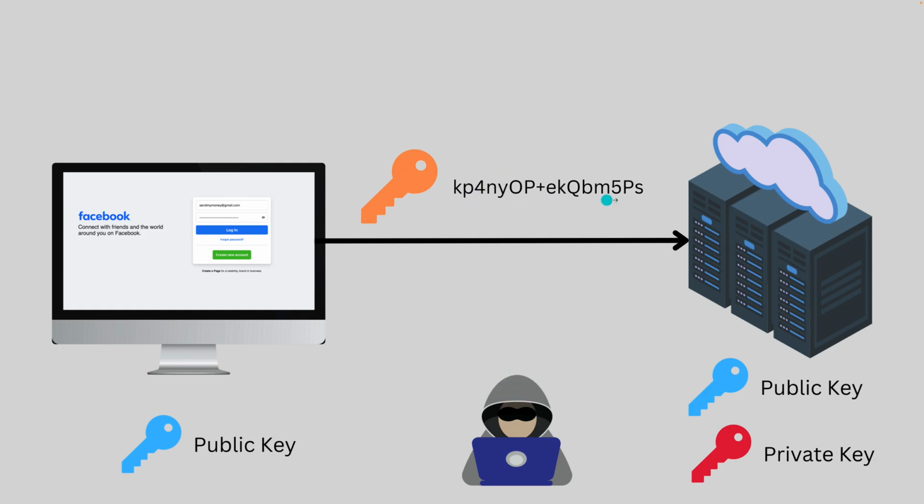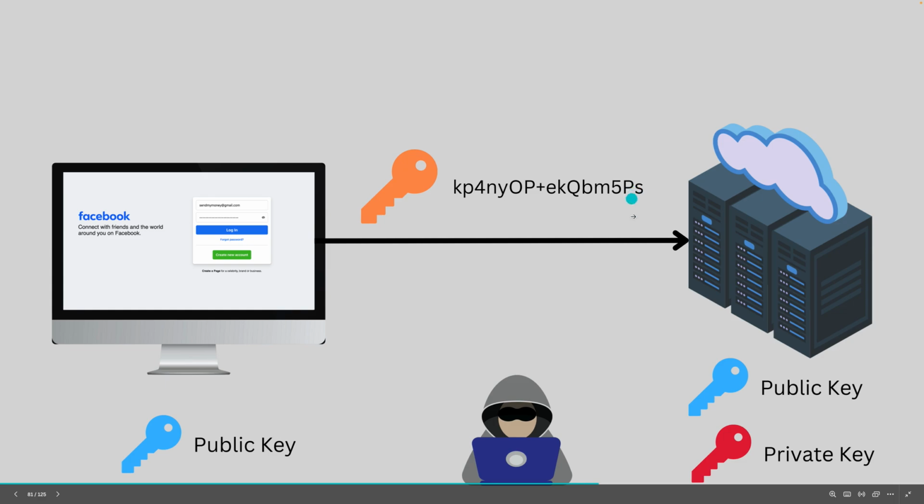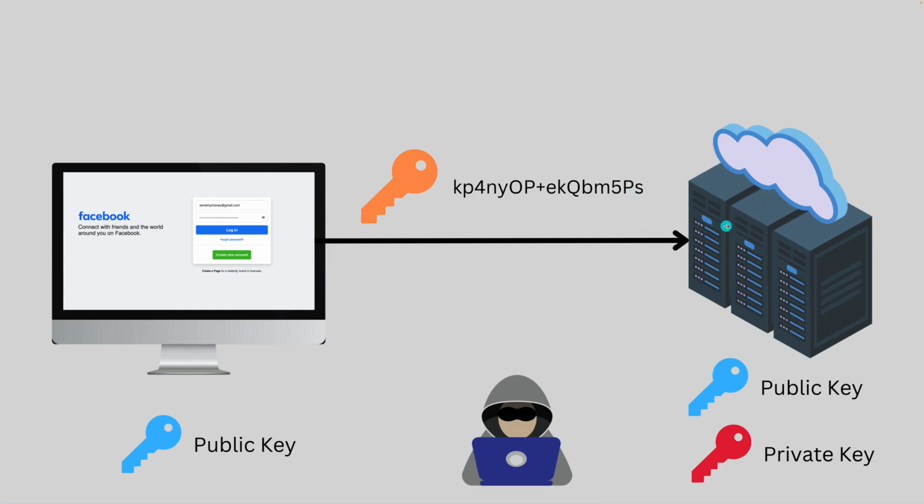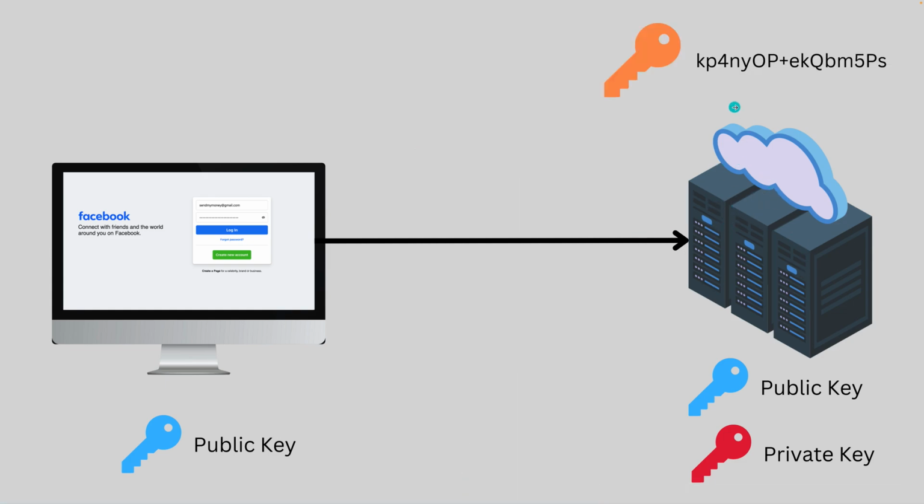I can still get access to this value, but I can't decrypt it. I might have access to this value over here as well as the public key, but again, I cannot decrypt with the public key. I can only decrypt with the private key, which only the server has access to. So now the server is going to have access to this encrypted symmetric key, and it also has access to the private key.